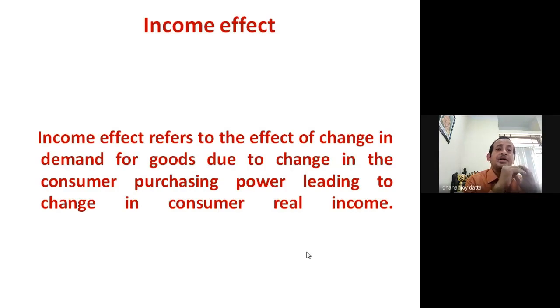So if price comes down from 12 to 8, that means how many rupees? 4 rupees the consumer can save. These 4 rupees will come to real income, and in the example which we have considered, these 4 rupees will increase the purchasing power of the consumer. So this is basically the income effect.